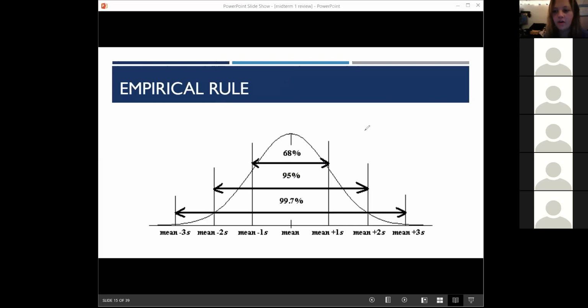So if I were to draw a curve and let's say that my mean is 10 and my standard deviation is 2, and I drew values here, 14, 10, 6, mental math.